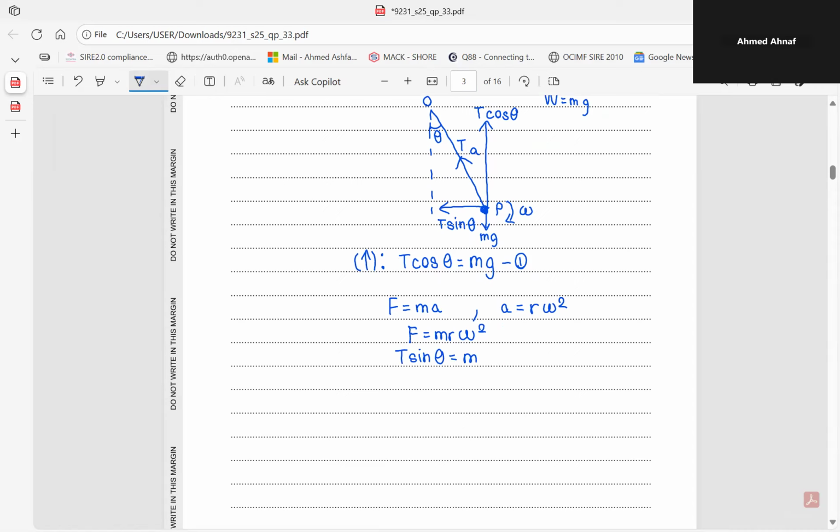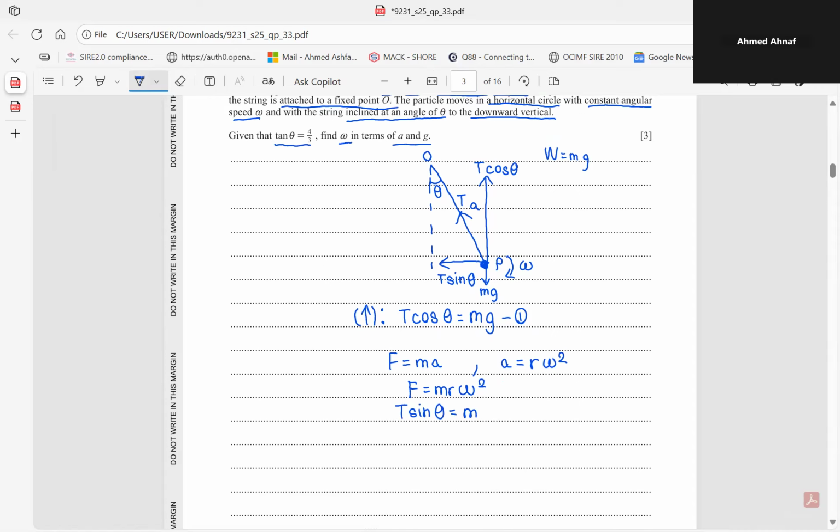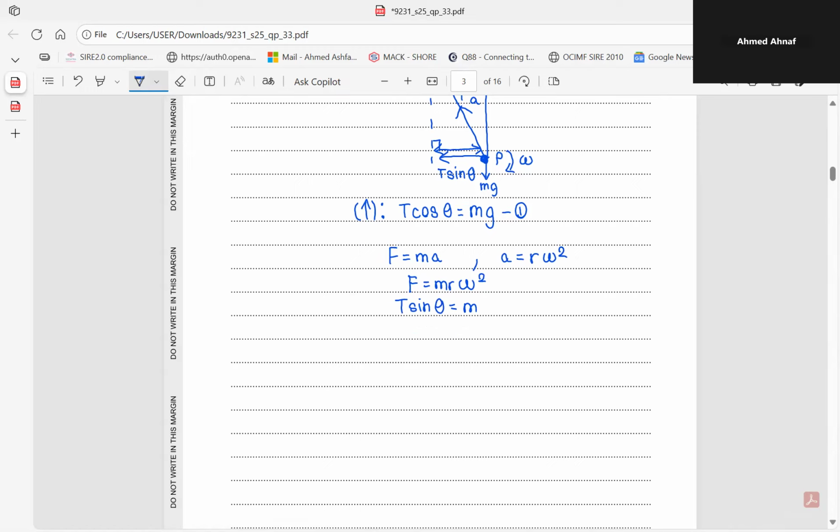Then m is the mass, that's just m. And r is the distance from the center of the circle to P. We can easily find this using simple trig because this is a right-angled triangle. This would just be a sin theta.